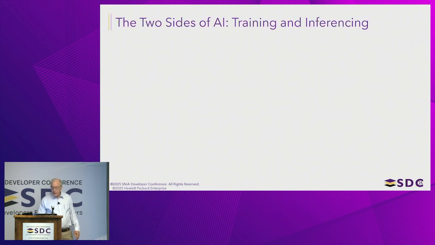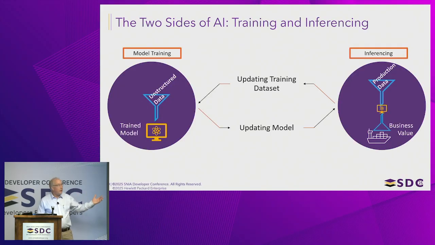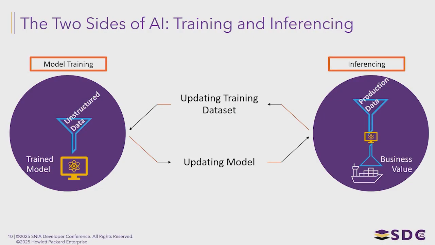There's really two sides to AI where most of the focus is, where most people are making their money building things. You've got training and you've got inference. On the left-hand side of the model here, we always tend to do left comes first, right comes second in the US, so stuck with that. On the left, we've got our model training. You've got some form of unstructured data, comes into some sort of funnel, goes into an engine, and this miraculous trained model comes out. Then you've got continuous loops going back over to your inferencing.